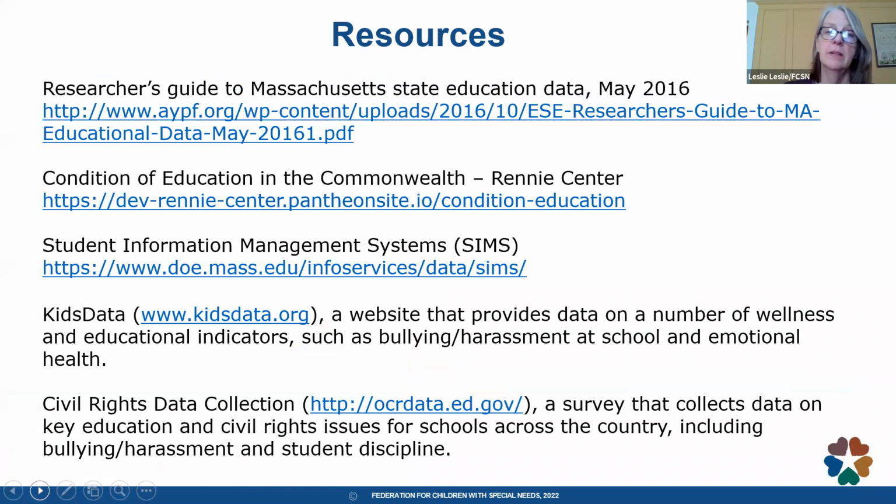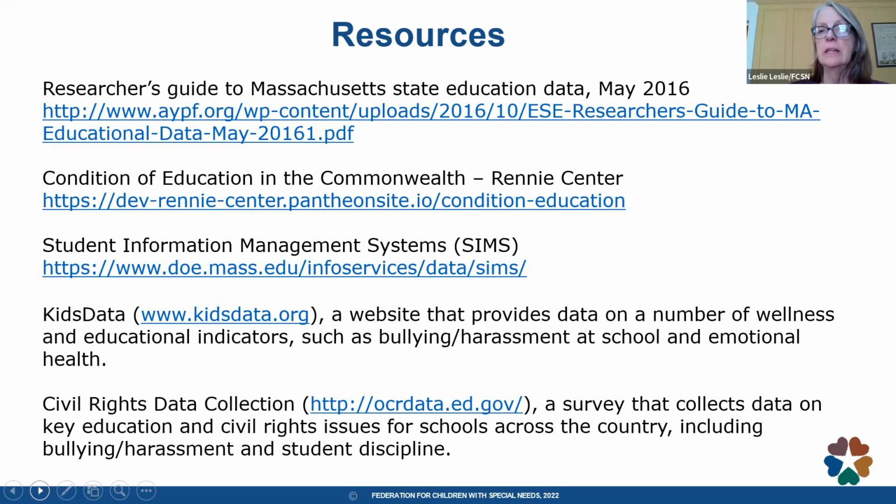So here are some resources. There are some reports that you can read about educational data. The Rennie Center has one, and the first one is, I forget what aypf.org was, but those are two reports that you can read. There's also the Student Information System, the SIMS data, that you can access off the department website.